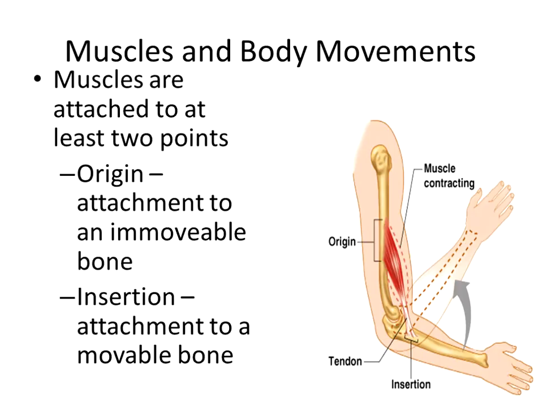So if we look at this picture here, we have the bicep, and on the bicep, one of the origins is actually on the humerus, which is the upper arm bone, and that's the immovable bone. So when we contract our bicep, the bicep pulls on the ulna here, is actually going to pull it up towards our upper arm and cause the contraction.